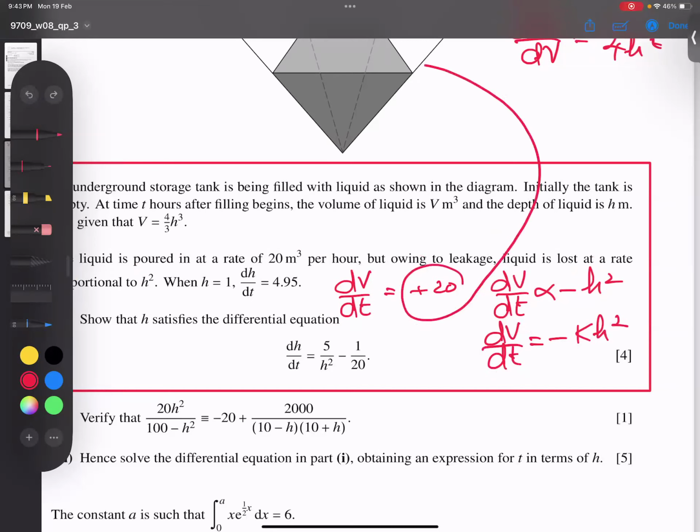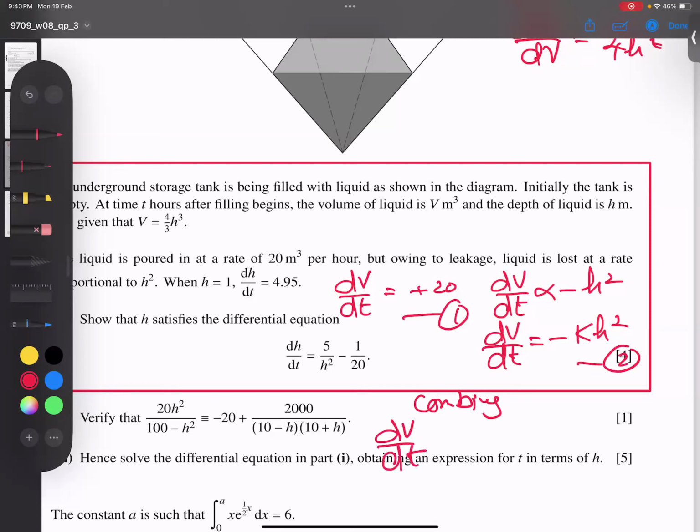This liquid is going into the tank and this liquid is going out. I can combine them. So combining one and two, I get dV by dt is 20 minus kh squared. This 20 comes from here and negative kh squared comes from here.